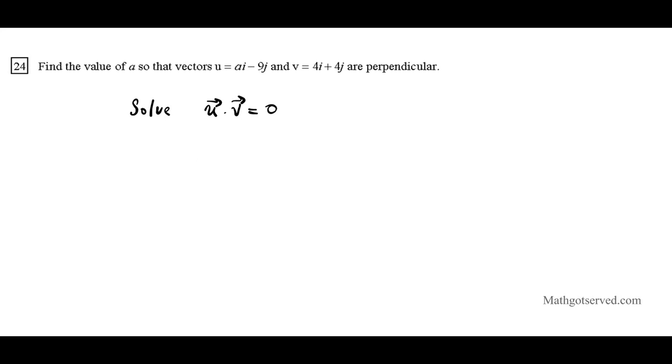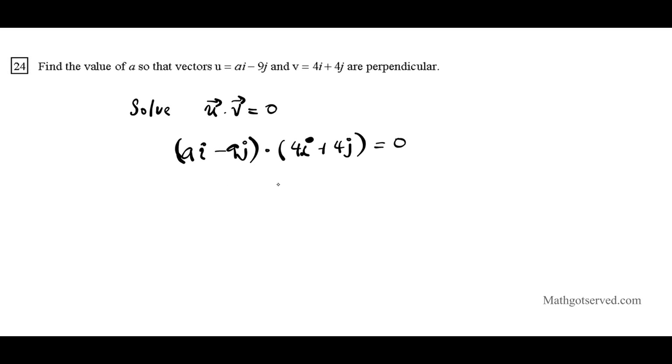So let's go ahead and do that. u dot v is ai minus 9j dotted with 4i plus 4j equals 0.